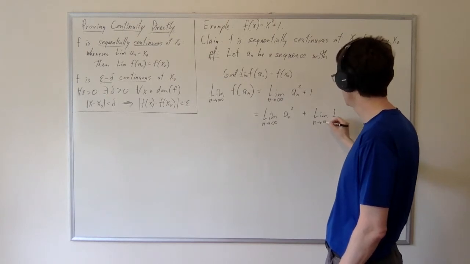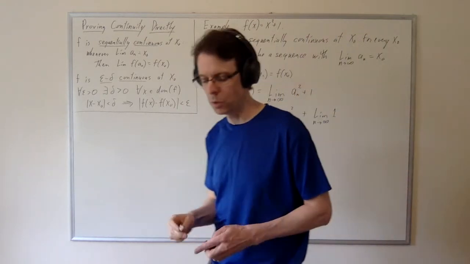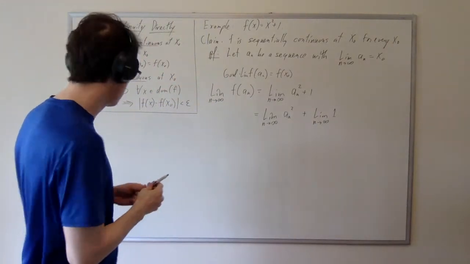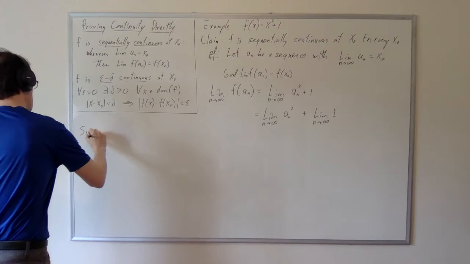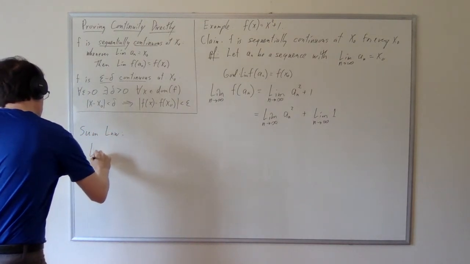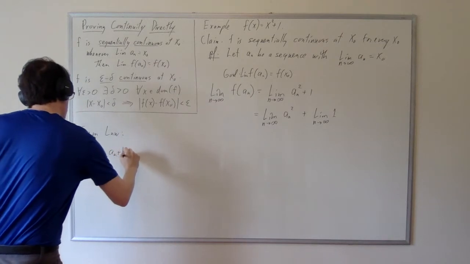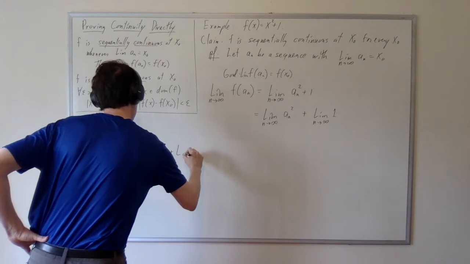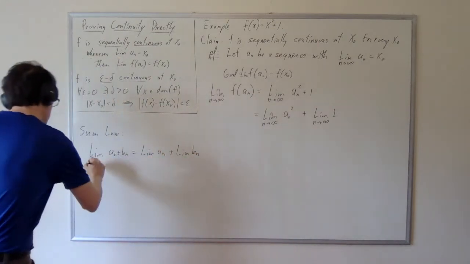Now, I want to caution you here about uses of the sum law for limits. So let me remind you of the phrasing of the sum law for limits. The sum law for limits says that the limit of an plus bn is equal to the limit of an plus the limit of bn, which is exactly what we've used here.